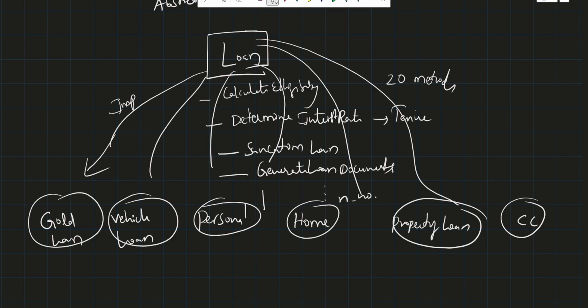Currently you are using them. The development was done, deployment was also done in production, and all the customers started using the features. There are no issues. Now there was a new feature for gold and property loans. These values will change.